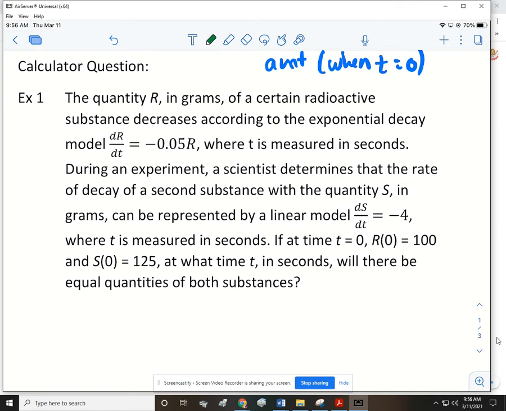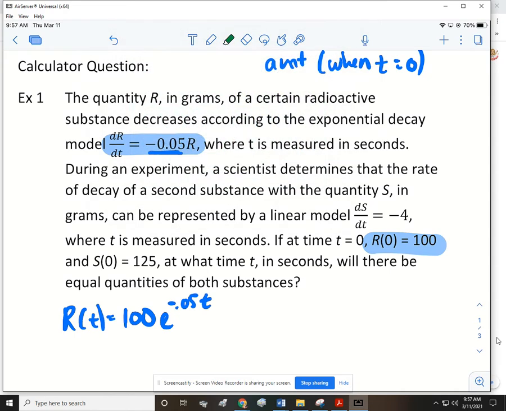Okay, so R is the one that is exponential. So I'm going to take this information and this information, and I'm going to write an equation for R of t. So R of t is going to be equal to the initial amount, and then e raised to k, which is this negative 0.05, times t.